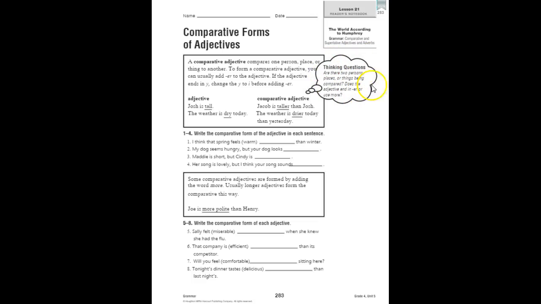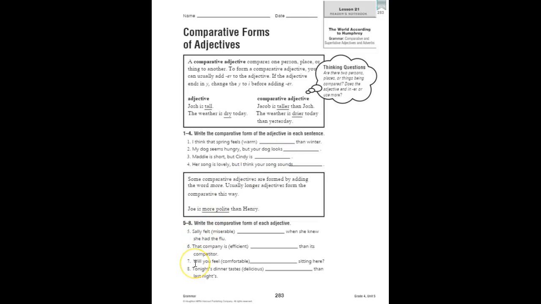It has the thinking question, and here it also has examples of the adjective and then how you change it to compare. So for 1 through 4, you're going to write the comparative form of the adjective in each sentence. So number 1, I think that spring feels what than winter. We know we're comparing two things, so we add ER. So warmer is what would go on the line.